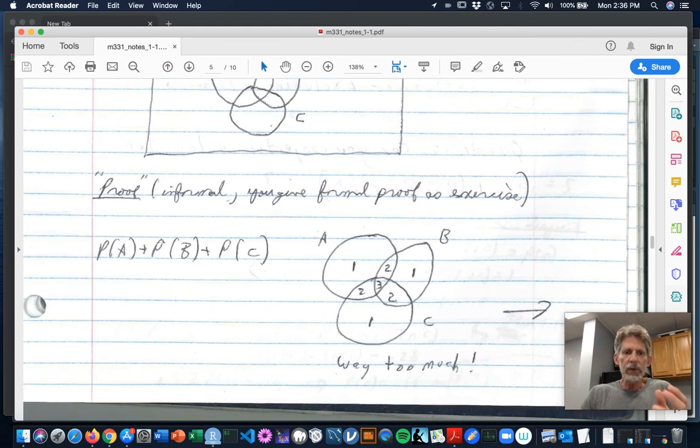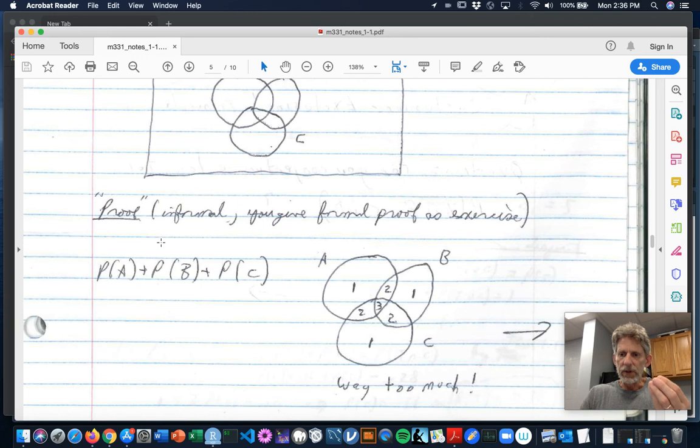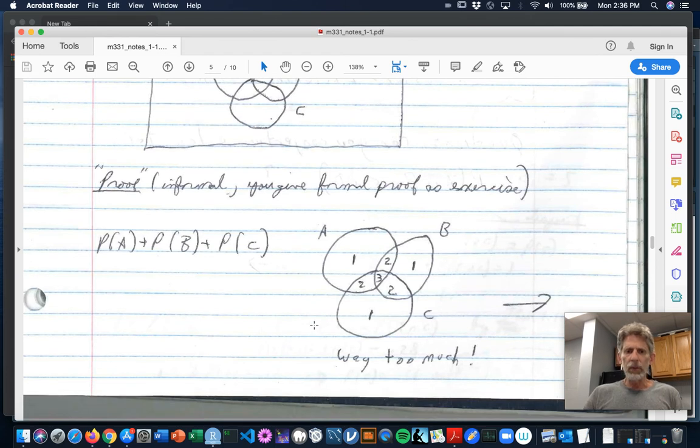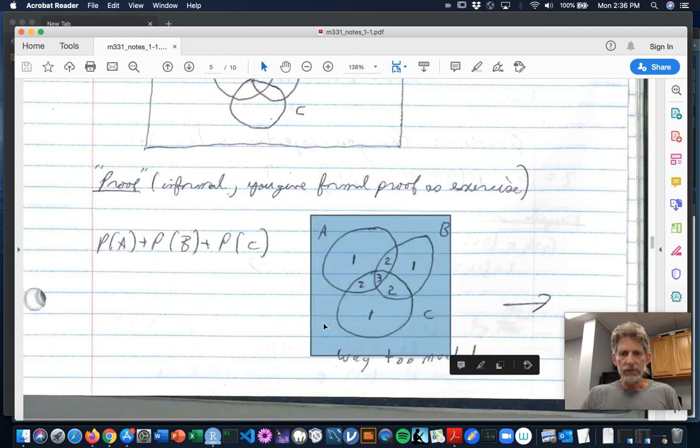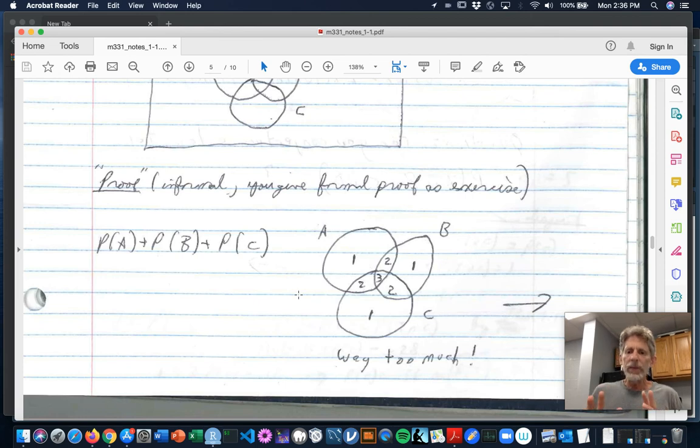What if the probability of A union B union C were just the sum? Well, there would be a problem with that. Check out this little miniature Venn diagram here. How many times is each of the little regions determined by my borders actually being thrown in when you do this sum?